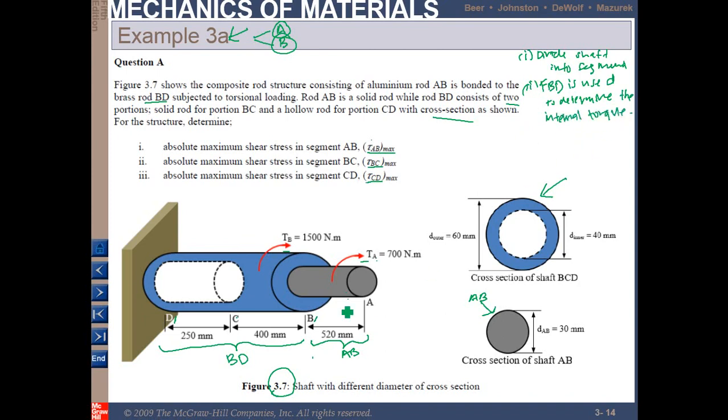So let's say this is torque A, this is torque B. Between A and B there is a torque that we call internal torque, TAB.